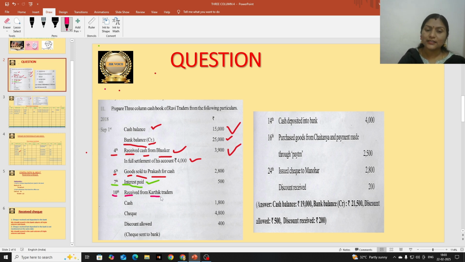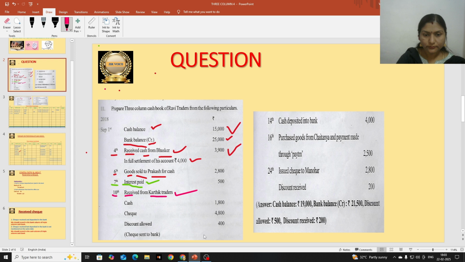We are going to mention the trader's name on the debit side, because business is receiving. And what we will mention on the debit side is to Karthik Traders account.